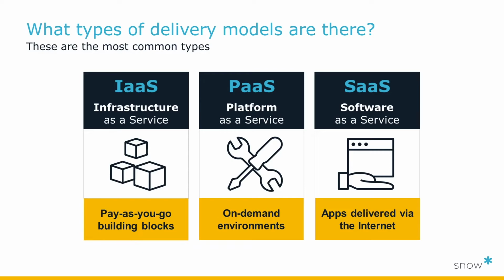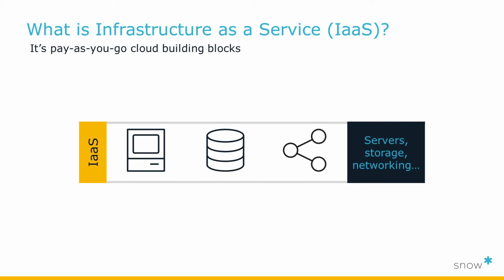Let's dive a little deeper into each one of these models. Infrastructure as a service, or IaaS, includes cloud building blocks like servers, storage, networking, etc. With IaaS, you get complete control over your infrastructure and access to the same technologies and capabilities that you might have in, say, a traditional data center, but without having to physically maintain or manage any of it.